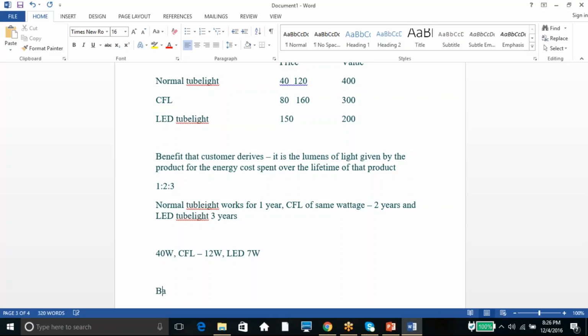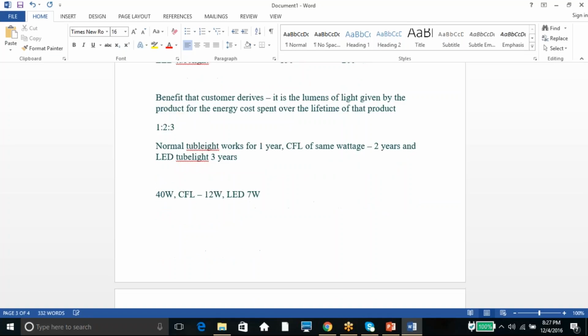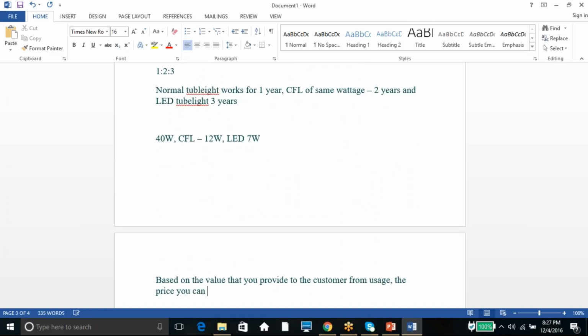So based on the value that you provide to the customer from usage, the price you can extract for that will be the way to generate higher margins and profits.